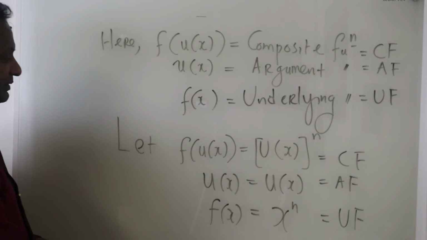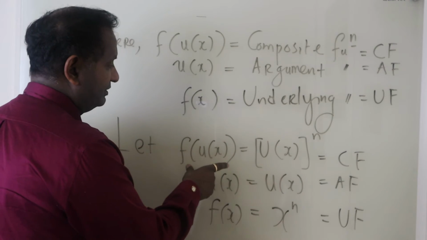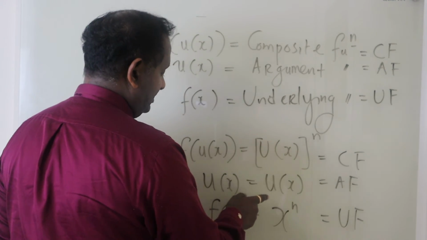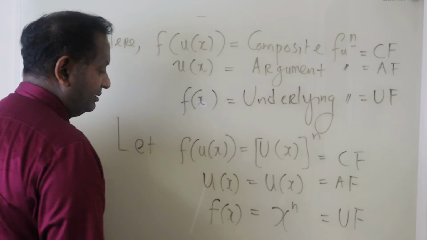See, these are replaced. This is my composite function being replaced by ux to the n. ux stays as ux. f of x is x to the n.